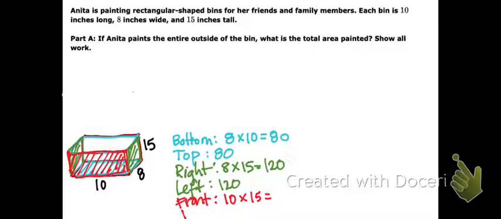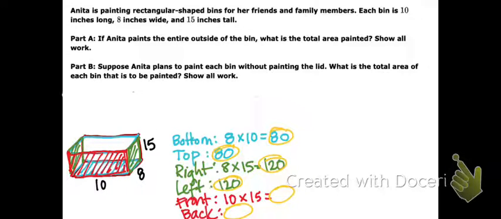So multiply that and know that the back is the same exact size. So once you have all of these answers for the area of each of the sides, you add them up, and that is the total surface area of the entire bin, every single side.